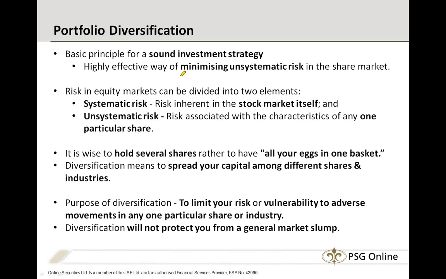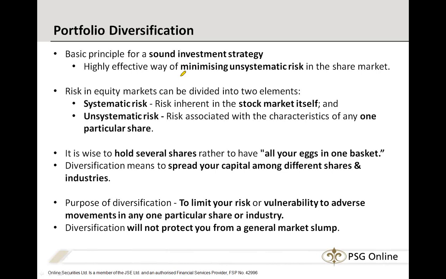So you want to spread your capital among different shares as well as different industries. And you'll see in the slide just now a suggestion, one of the portfolios I started years ago, that was the thinking behind it. So the purpose of diversification is to limit your risk or vulnerability to any adverse movements in a particular share or industry. You'd be crazy to have all your shares in gold, or all your shares in IT. So you want to spread it between financial, industrial, mining and resources, for example.